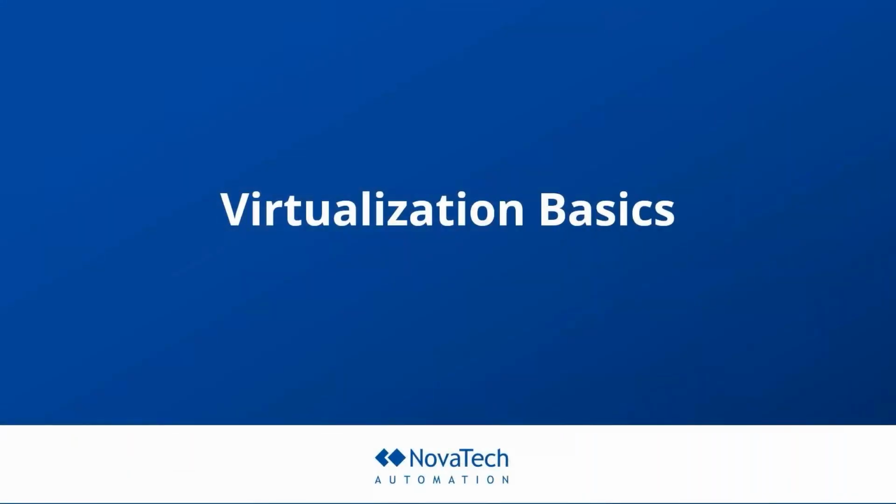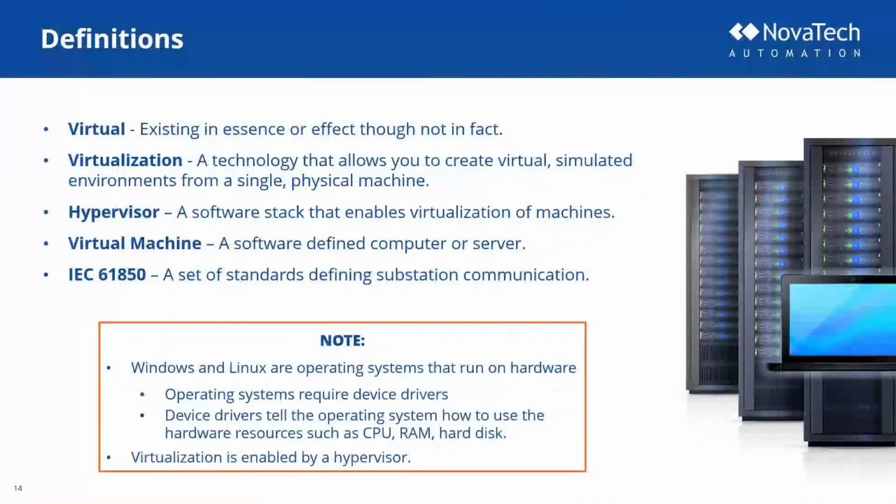So with Virtualization Basics, virtual is what the definition, I think it's from Webster dictionary that I got, was existing in essence or effect, though not in fact. We're going to focus on the effect that virtualization and virtual machines can bring.